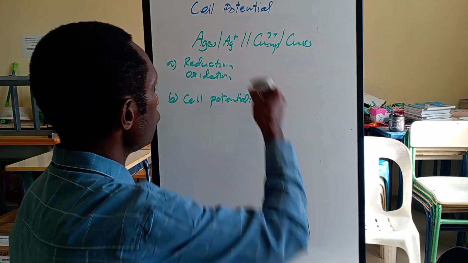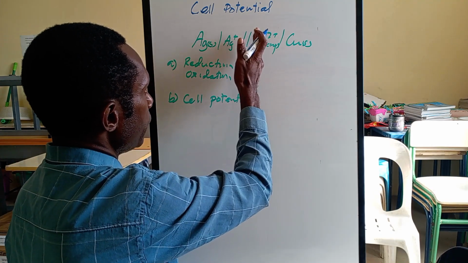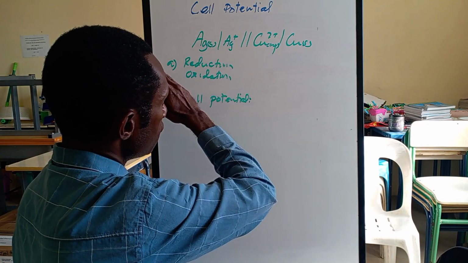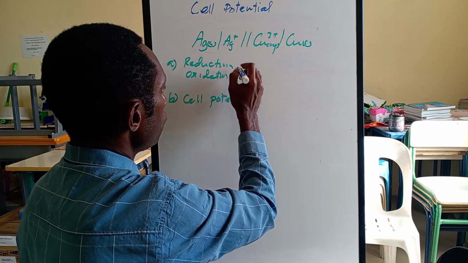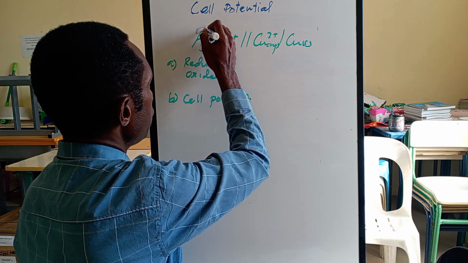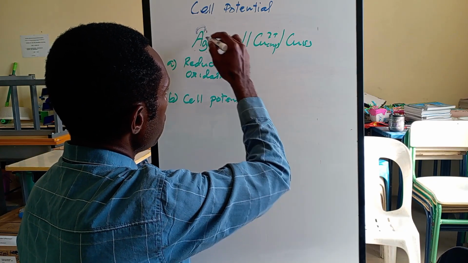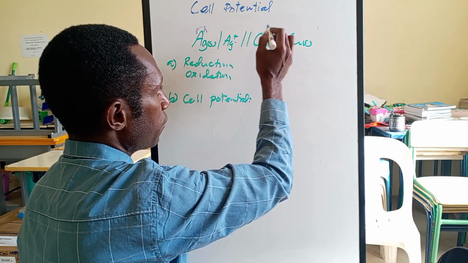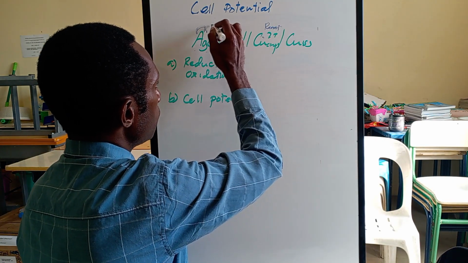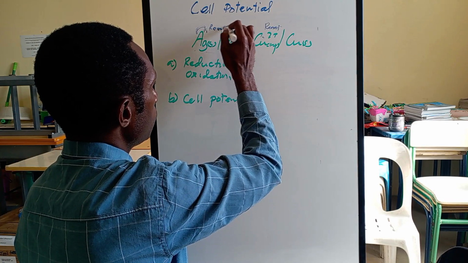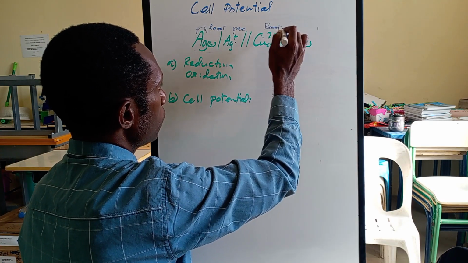So from this, you have to know that at the salt bridge separation, the one on the left or the front, that's oxidation, the other one is reduction. So oxidation is this one. The first part is reactant, product. The second is reactant, product.